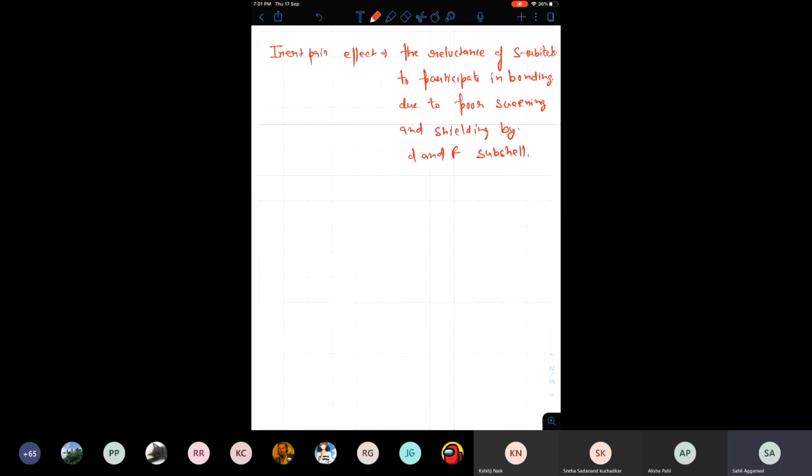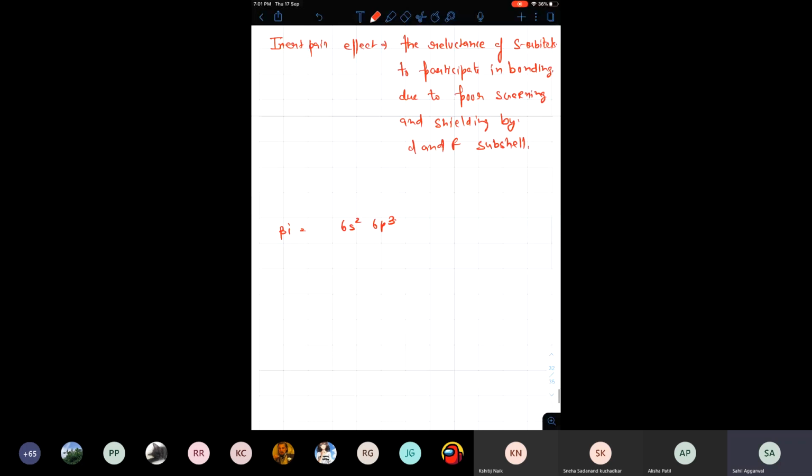What does it mean? If we talk about bismuth, bismuth is 6s2 6p3. It must be having the configuration like this.